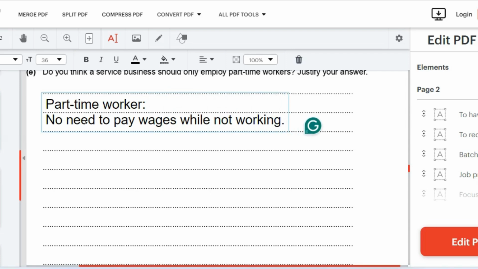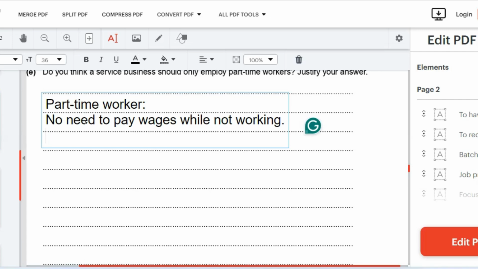Of course, they won't pay. Yes, no need to recruit trained employees, which can take more time also. We are just relating this to the business.